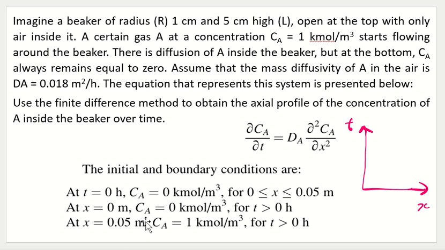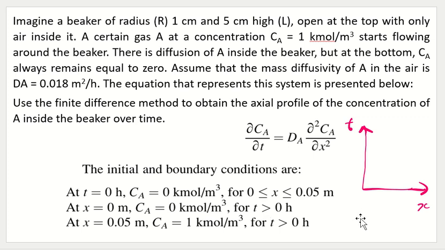So let's see the conditions. At t equal to 0, Ca is equal to 0 for x from 0 to 0.05 meter. So all of the positions are 0. At x equal to 0 meter, Ca is equal to 0 kilomole per meter cube. It's always 0 at the point x equal to 0, for t greater than 0.